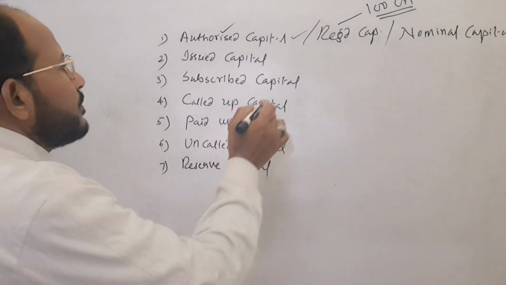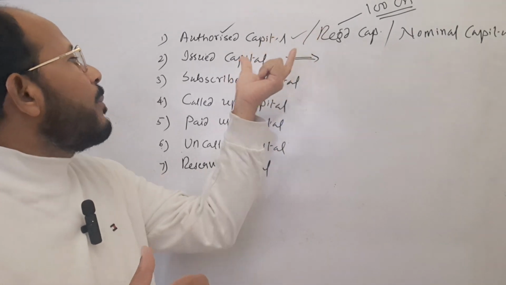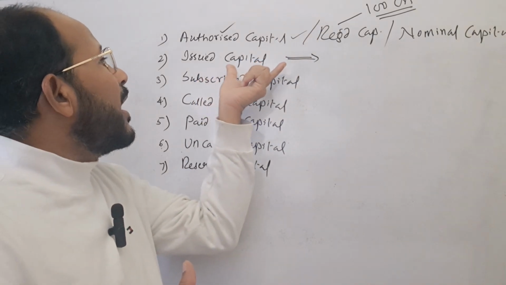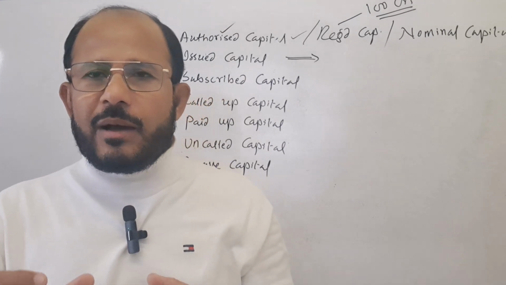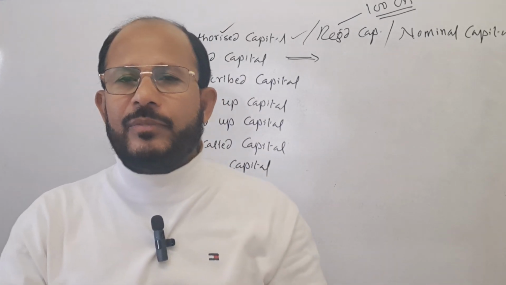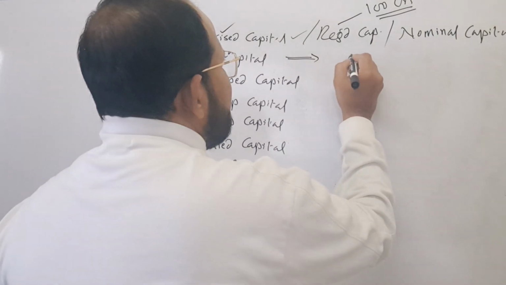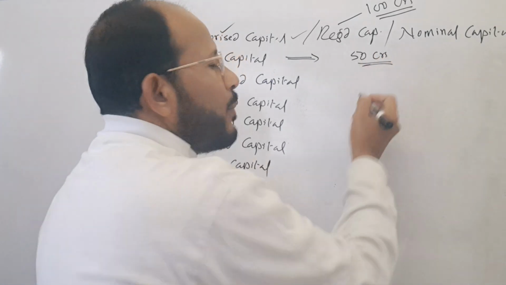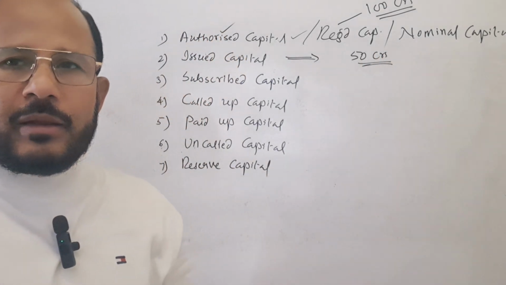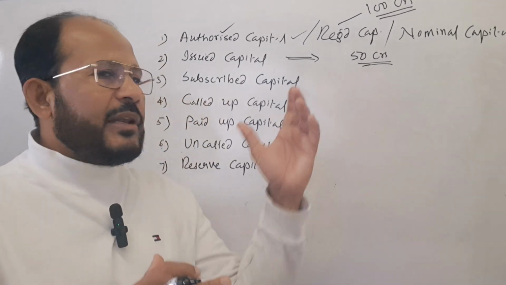Next one is issued capital. The company is not going to collect the entire amount of authorized capital at the same time. What will the company do? The company will collect the amount as per the requirement. Assume that the board of directors decide to issue shares for collecting rupees 50 crores. Now the company is going to start its business, and for that the company is in need of cash.